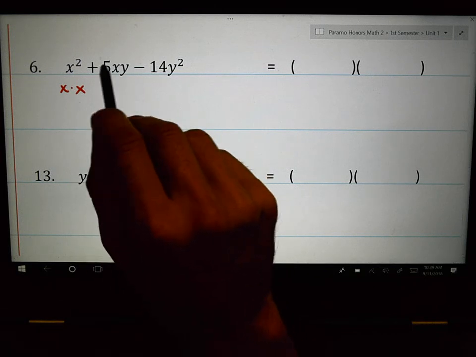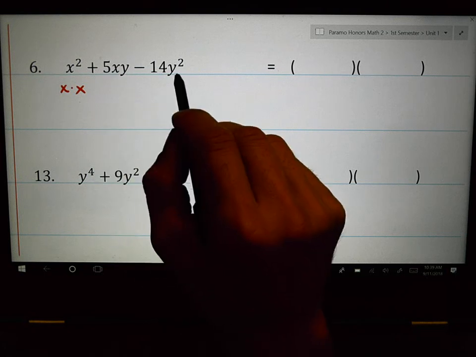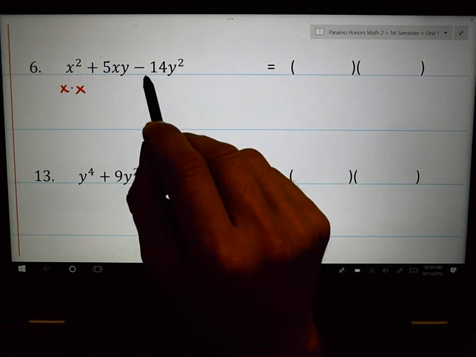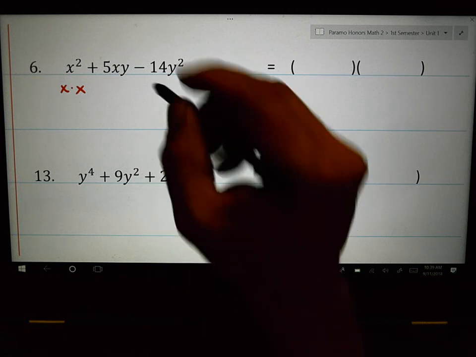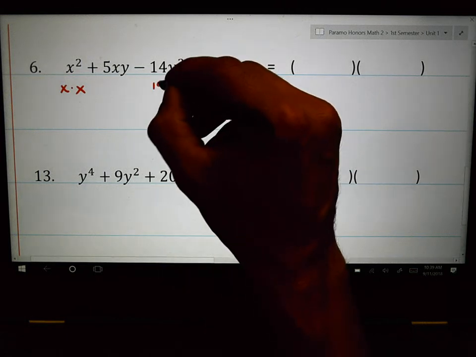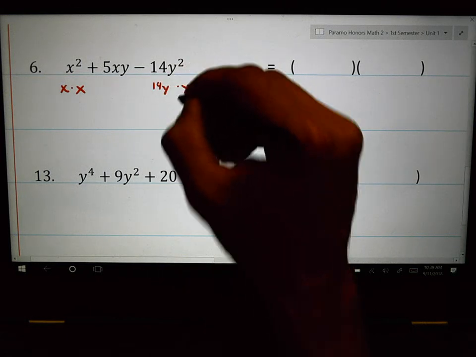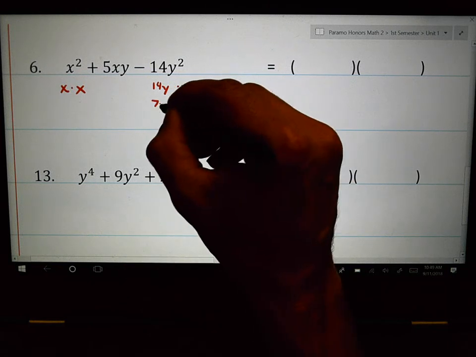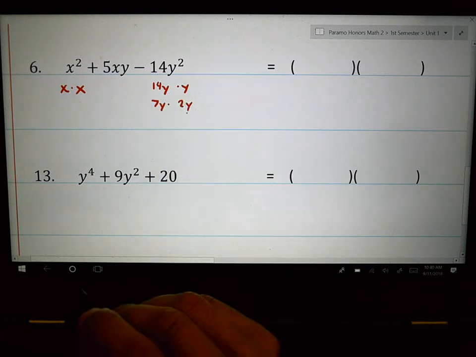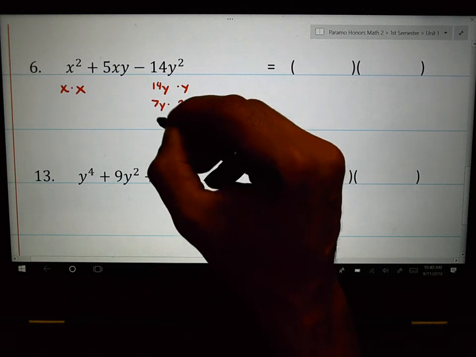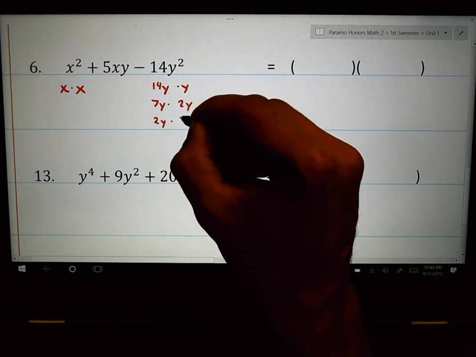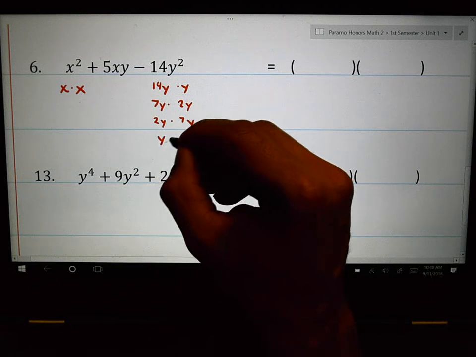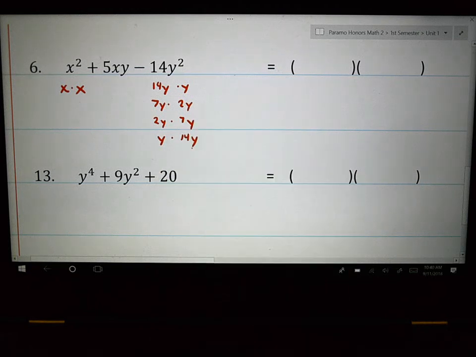The reason for that xy is because we need to split this apart. When you're splitting apart 14y squared, you should be thinking it's 14y times another y. That makes 14y squared. Or 7y times 2y, that makes 14y squared. Or 2y times 7y, that makes 14y squared. Or 1y times 14y. Those are our possibilities.